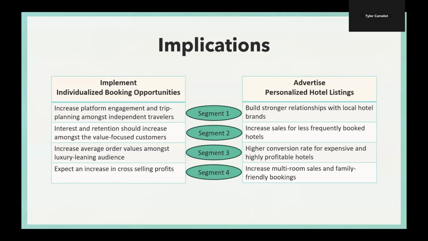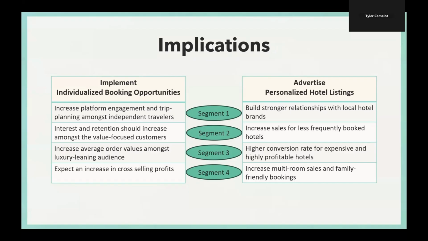These people primarily would like late checkout and curated itineraries for their solo travel opportunities, and we expect it to increase platform engagement and trip planning amongst independent travelers. Segment two are our value-focused customers, so they like budget-friendly deals. So offering advanced booking benefits and bundles, we believe will increase their interest and retention for these value-focused customers.